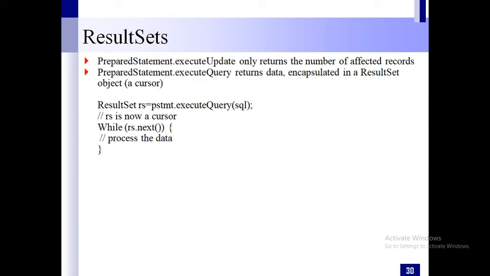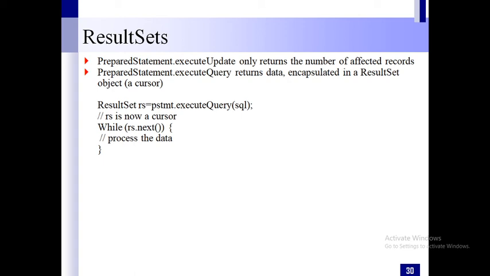Now in JDBC, we have a separate concept called ResultSet that is similar to the cursor concept. Instead of using a cursor, we use ResultSet in Java programs which are used for database applications.